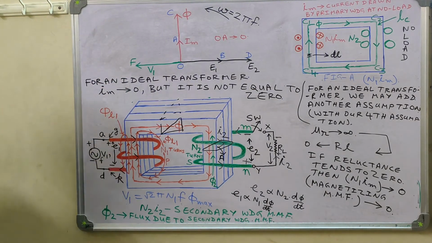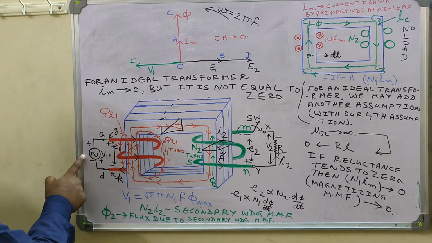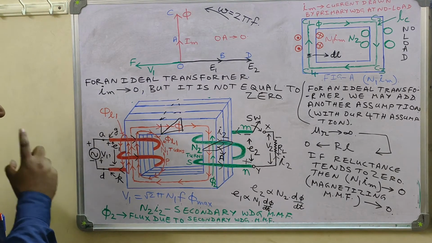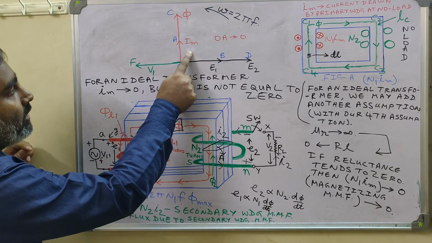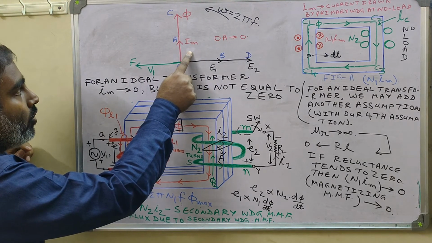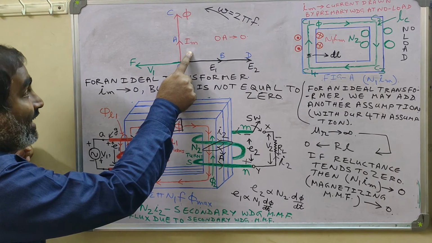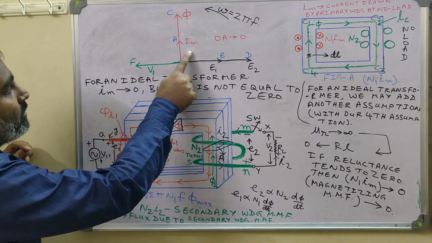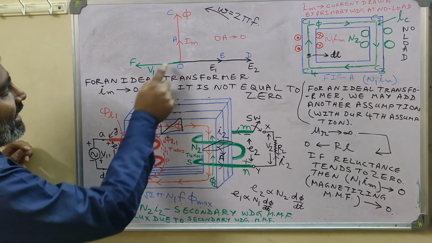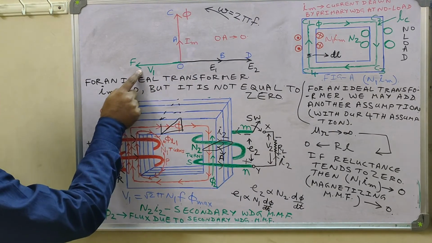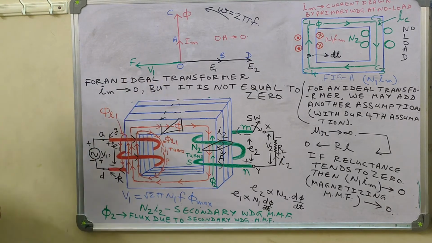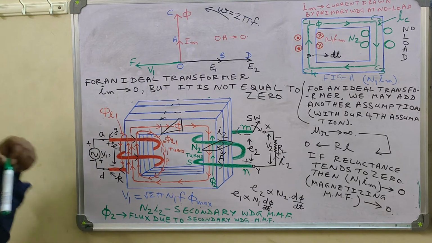Im is the current drawn by the primary winding from the supply voltage at no load condition, and Im is lagging the applied voltage V1 by 90 degree.